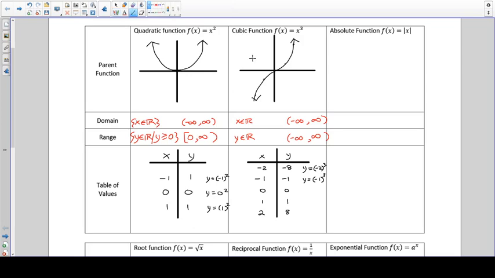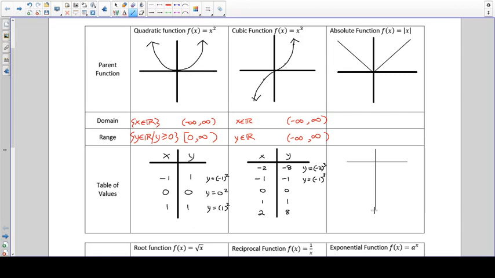All right, the next thing that we need to introduce is the absolute function. The absolute function looks like a V, like that. All right, let's create the x and y values.